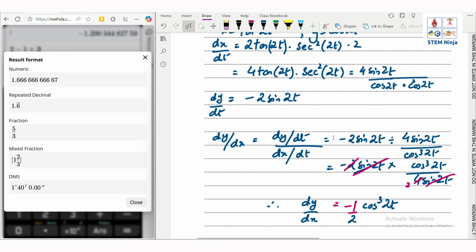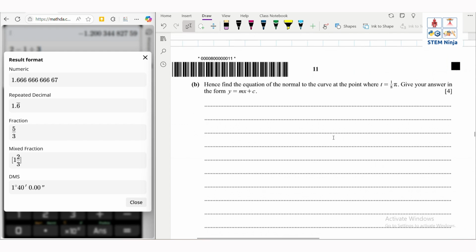All right, let's see forward. Hence, find the equation of the normal to the curve where t is equal to pi by 8. So first off, we need to find dy by dx at t equal to pi by 8.